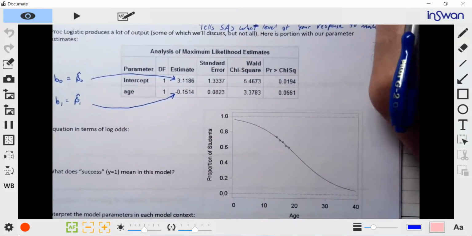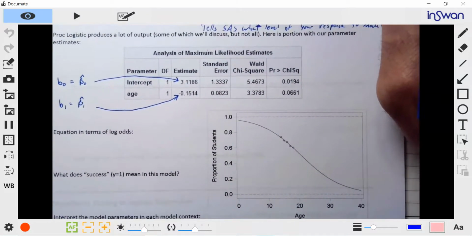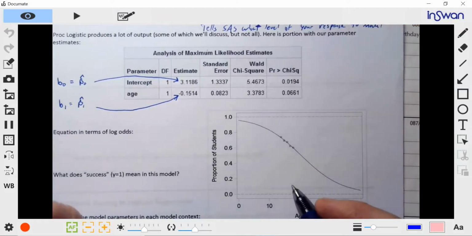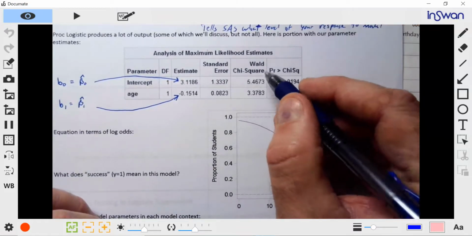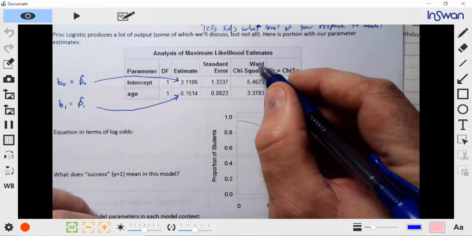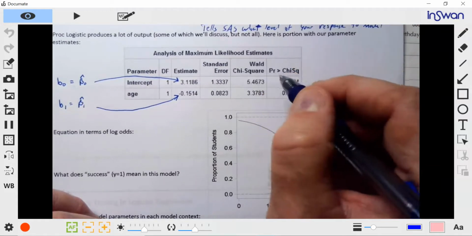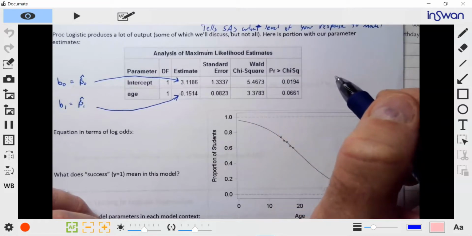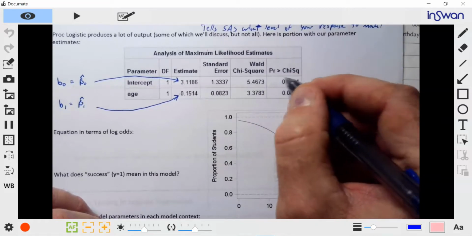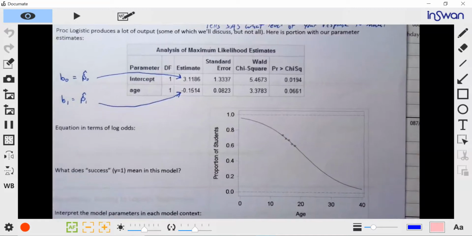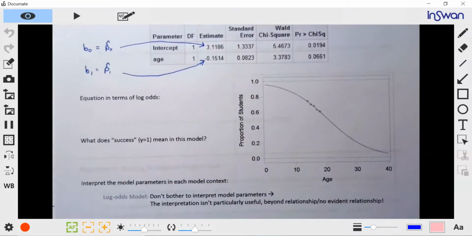This output should look very similar to what we would get in simple linear regression. Note that we do not have t statistics anymore. We actually have chi-squared statistics, and we'll talk more about that below. And then we have p-values associated with those. We'll come back to that.